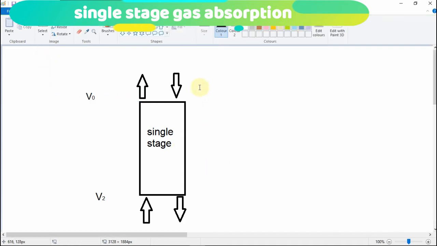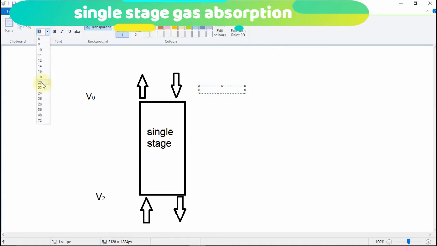For our liquid, the inlet will be L naught and the liquid outlet will be L1.